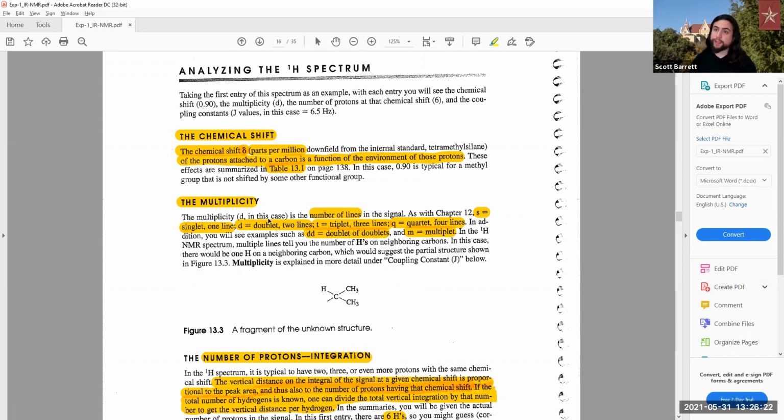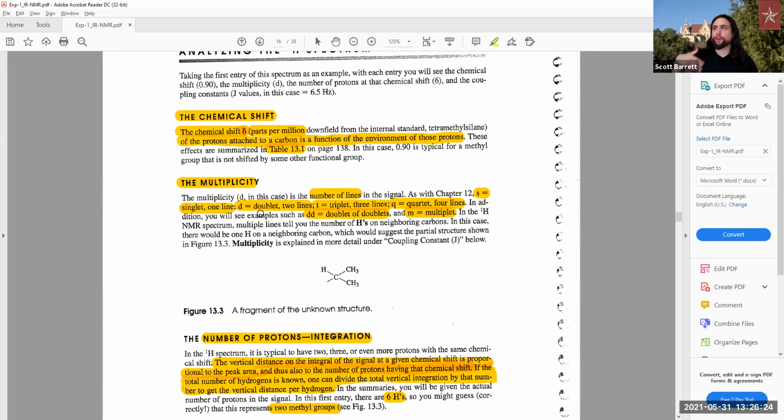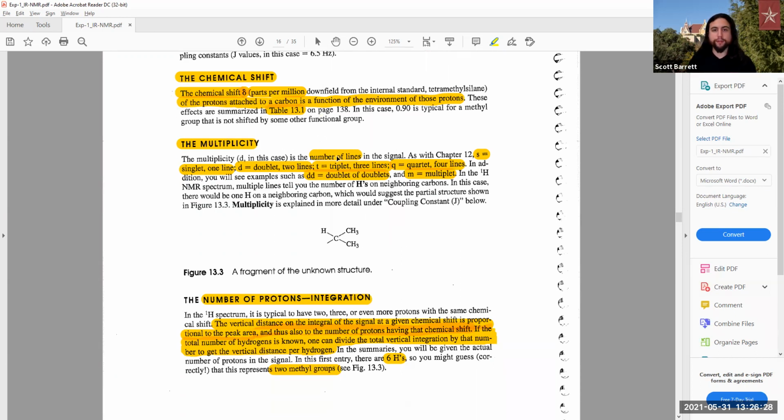So the multiplicity, now this is a good way for you to put the puzzle pieces together, is the number of lines in the signal, and the multiplicity will indicate the adjacent protons to that specific proton that you're analyzing. So if it's a singlet, one line, that means there are no protons adjacent to it, okay?